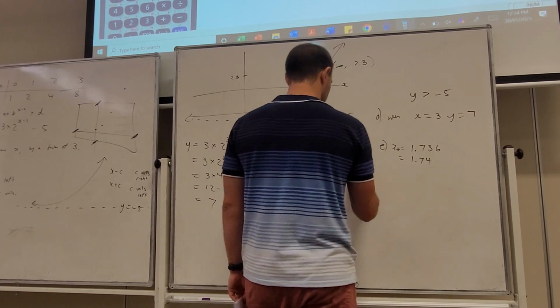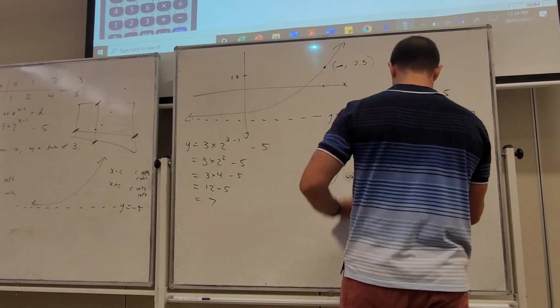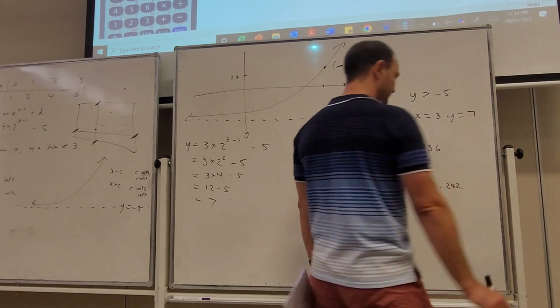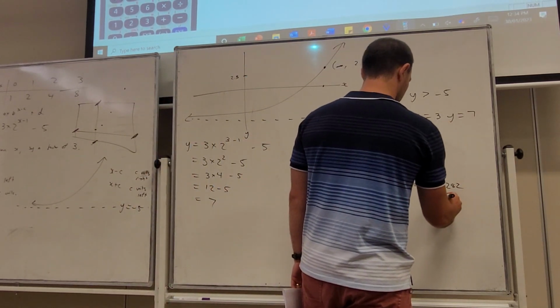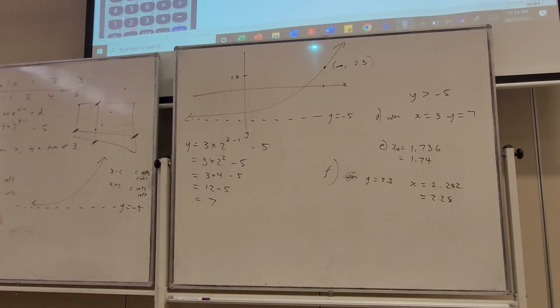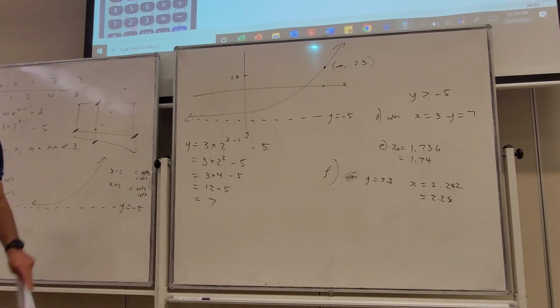So we can write that out. When y is 2.3, x equals 2.282. Okay, 4 figures, and then state to 3, 2.28. All right, now that we've gone and got some of this information, we're ready to put it in the graph a bit more.